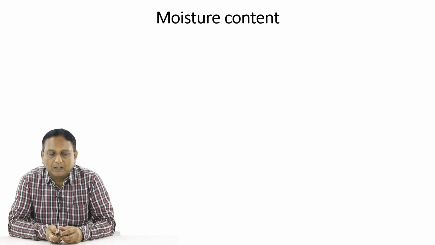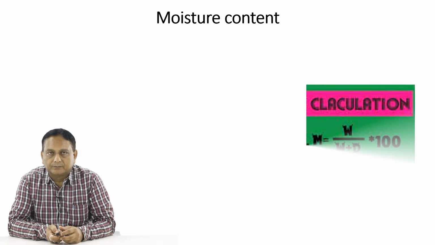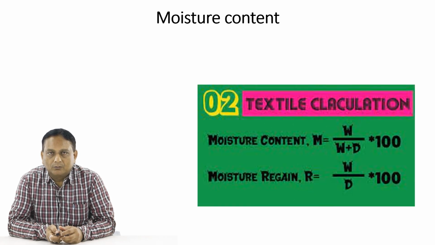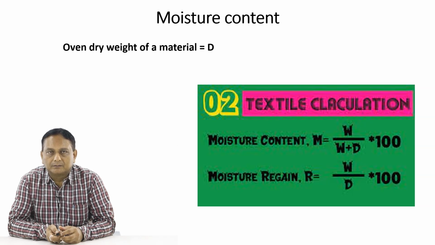Now what about the moisture content? Moisture content is actually governed by some formula. As you can see, the moisture content M is equal to W by (W plus D) into 100, and moisture regain, expressed as R, is equal to W by D into 100.